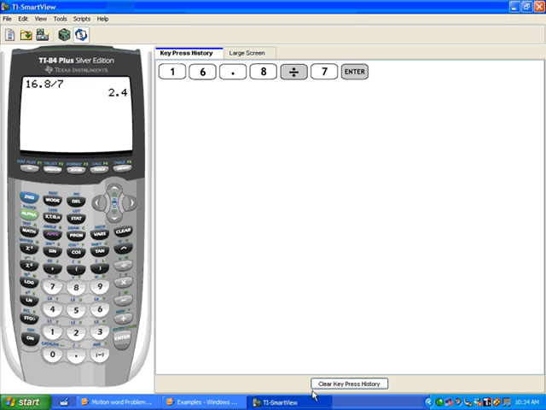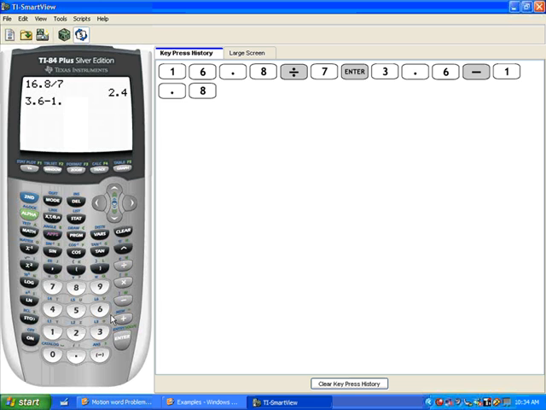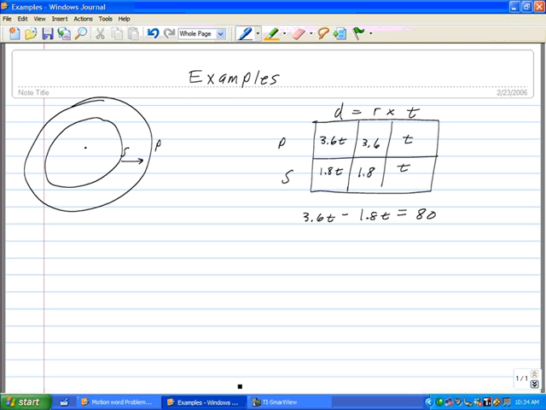Alright, so let's do our subtraction. Let's take 3.6 and subtract 1.8, and from that we get 1.8. So we have 1.8t equaling 80.